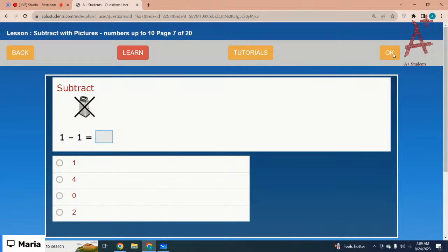That means 1 take away 1 equals 0. So the correct option is 0. So 1 take away 1 is 0.